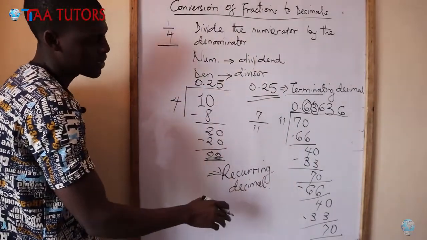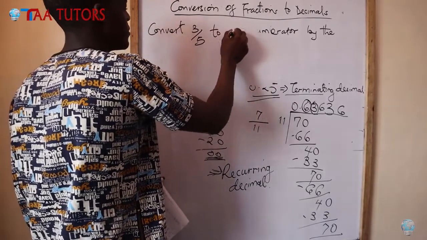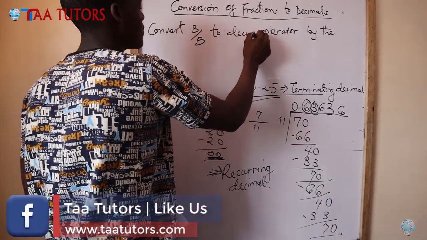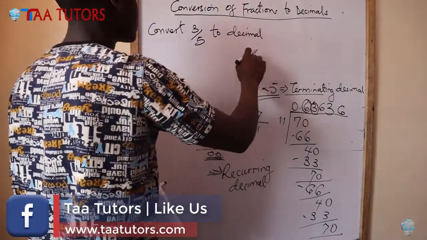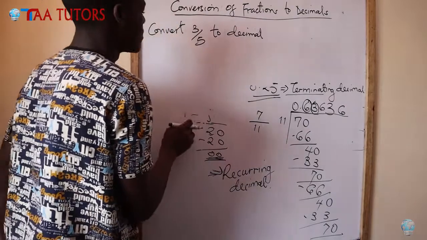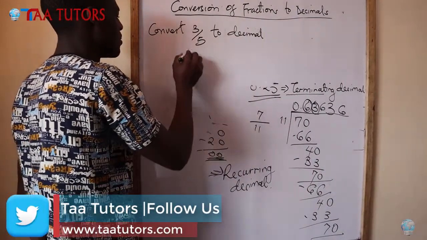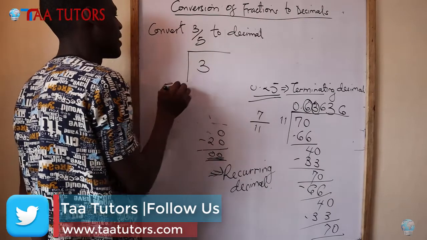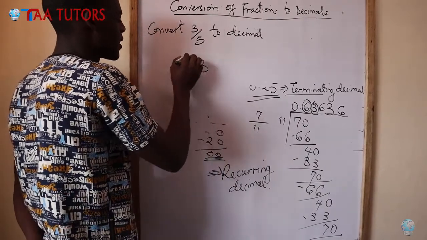Convert 3/5 to decimal. We want to convert 3 over 5 to decimal, and we've said that the numerator becomes the dividend and the divisor is the denominator.